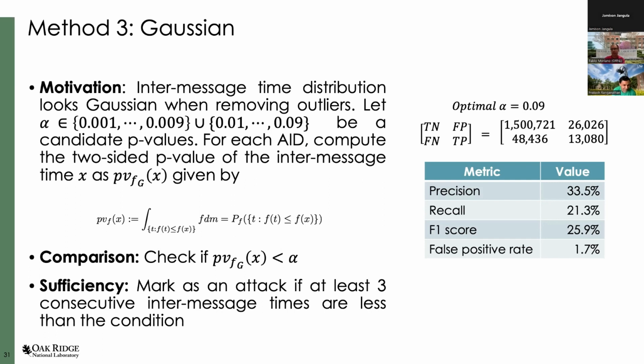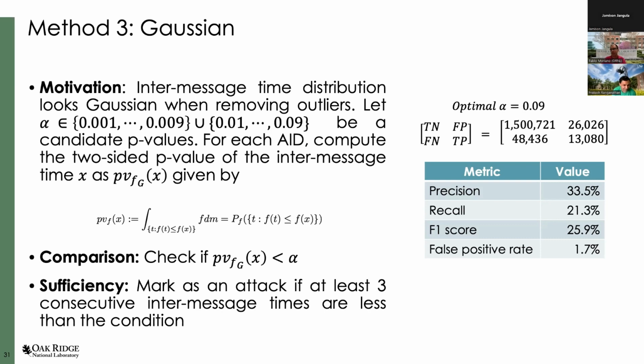So what we did was to empirically fit that data with a Gaussian distribution, and then spot anomalies if they are very unlikely to belong to that Gaussian distribution, using the notion of p-values. Again, it is marked as an attack if at least 3 of these consecutive inter-message times are less than the condition. So we still have the notion of these thresholds.